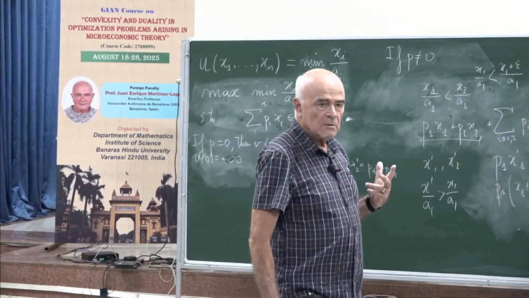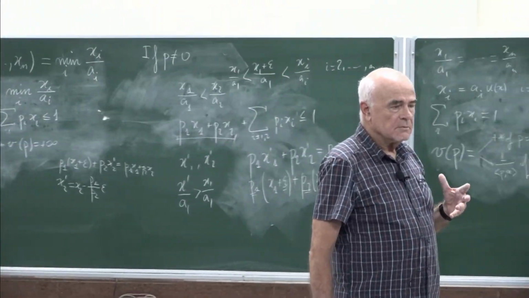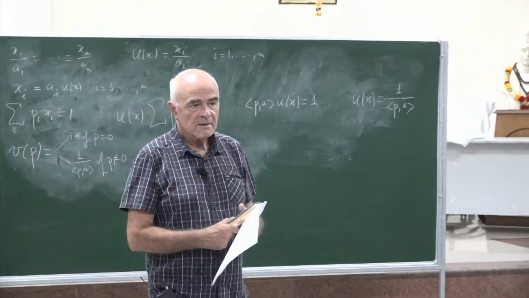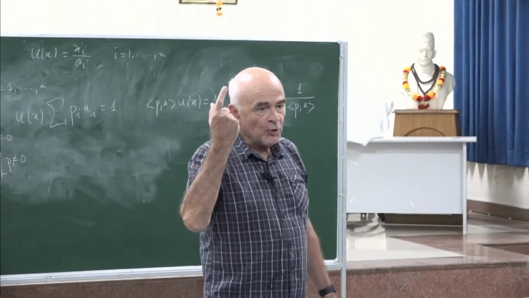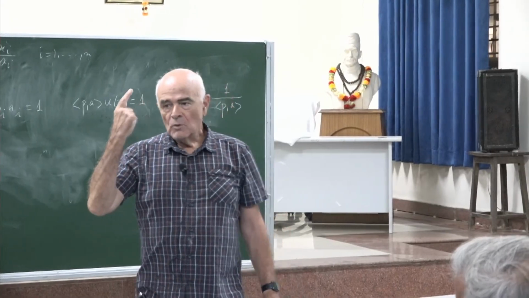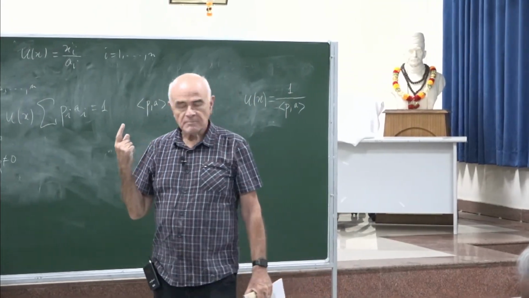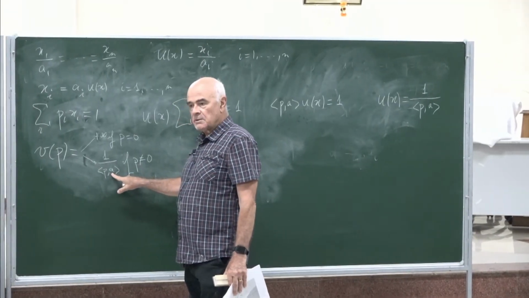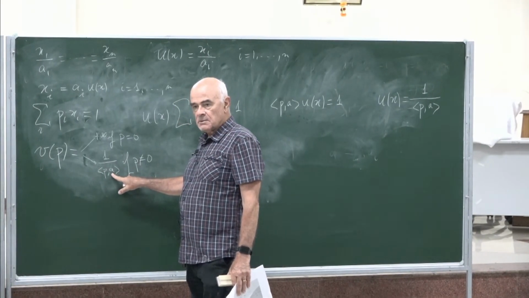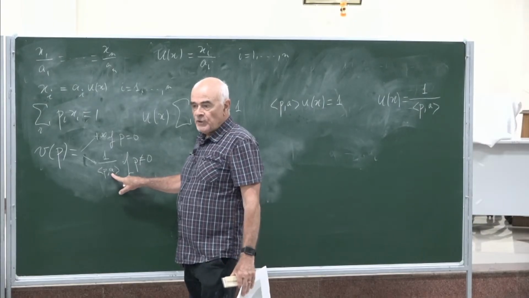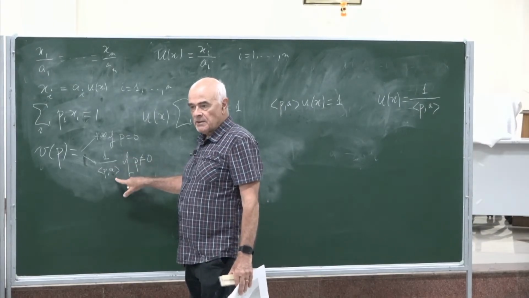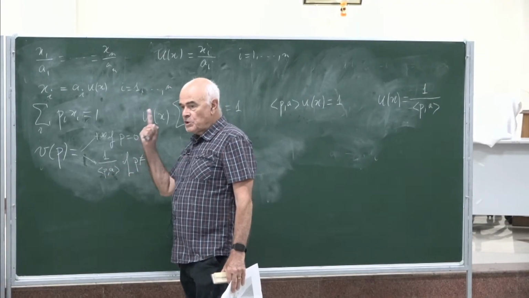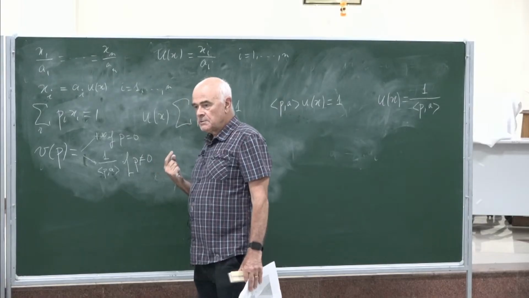And now, you will care about how much you have to pay to be able to produce 1 unit of your food. 1 unit of your food requires a_i of each ingredient, so the vector a. So this is the cost of producing 1 unit of your food.